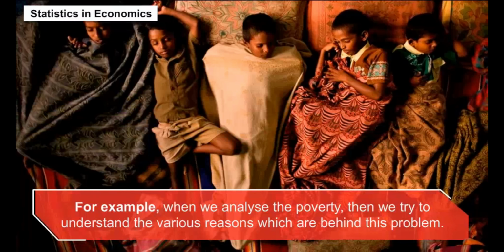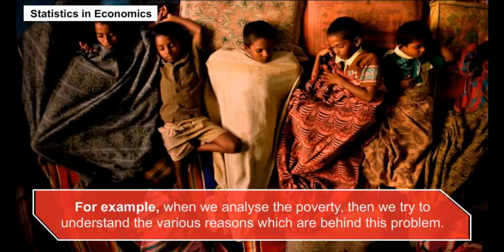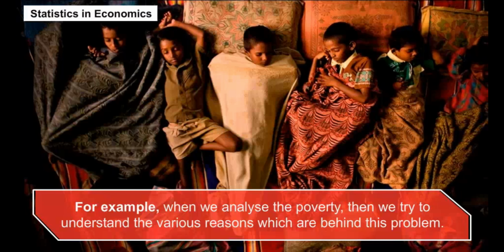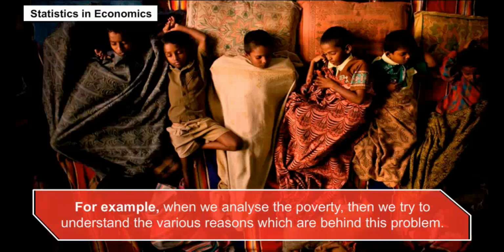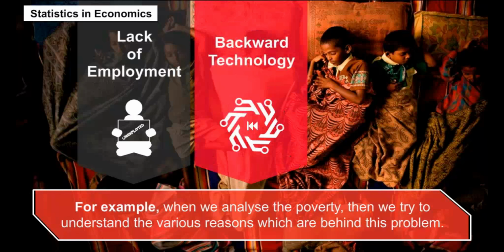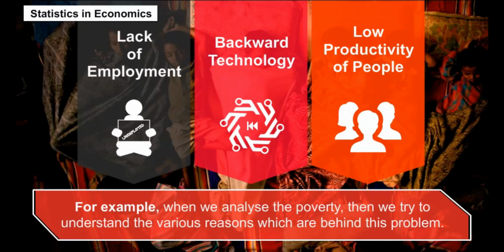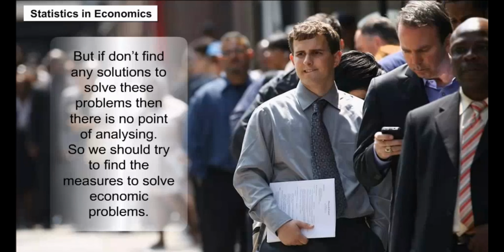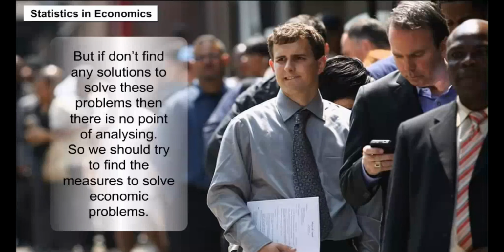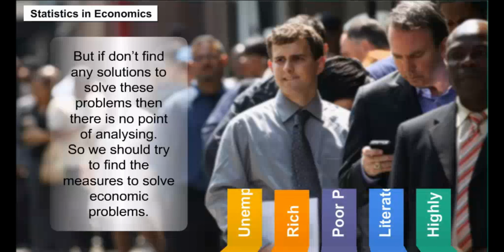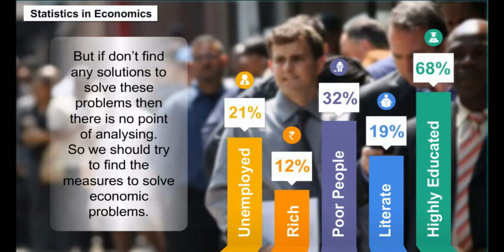For example, when we analyze poverty, we try to understand the various reasons behind this problem, like lack of employment, backward technology, or low productivity of people. But if we don't find any solutions to solve these problems, then there is no point in analyzing. So we should try to find measures to solve economic problems.